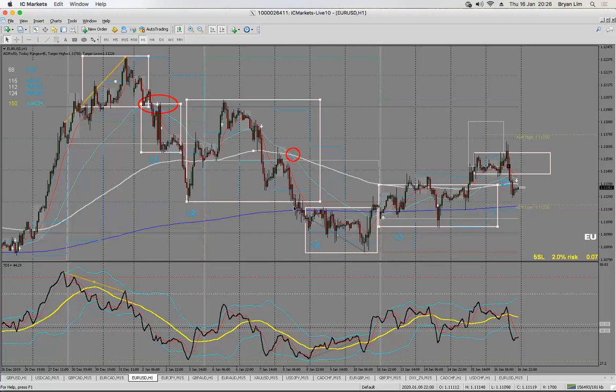Because this is the lowest point level 2 reached. Level 2 started all the way up here and came all the way down, and then it closed above the 13. So from this close up here, we're now within level 3. Does that make sense?